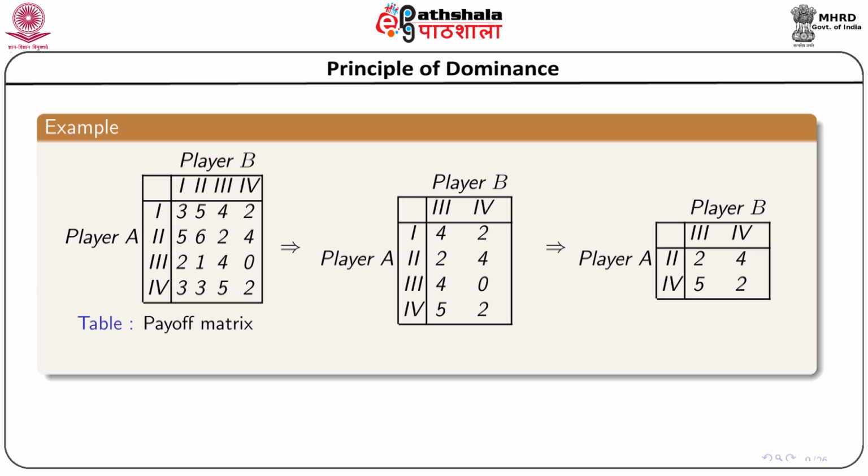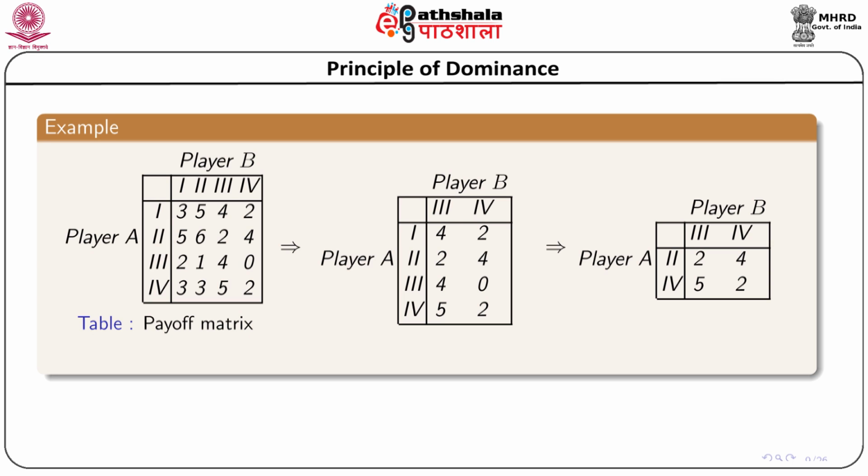Now, we see that columns 1 and 2 are dominated by column 4, because all the values of columns 1 and 2 are greater than the corresponding values of column 4. Hence, columns 1 and 2 can be deleted.